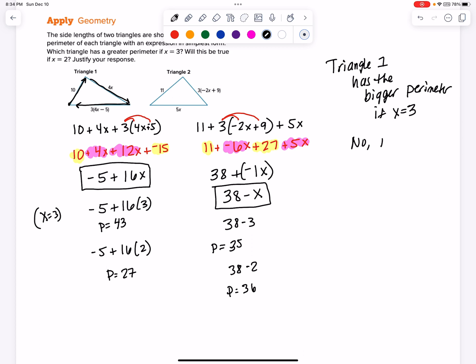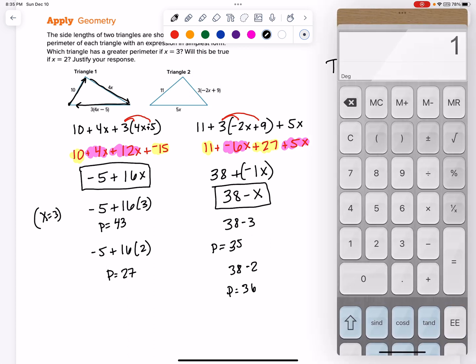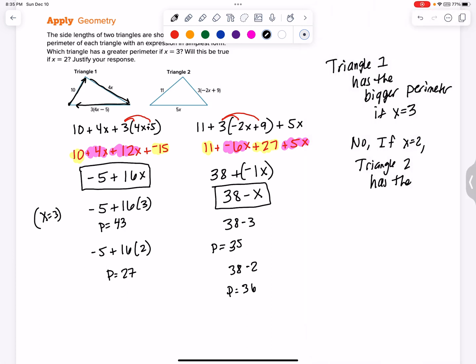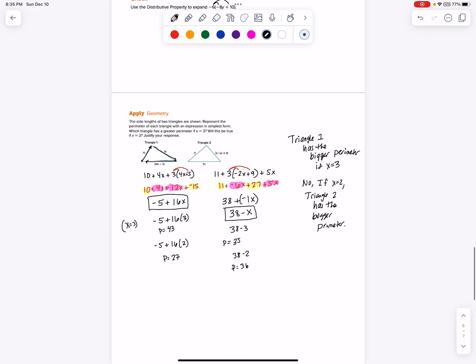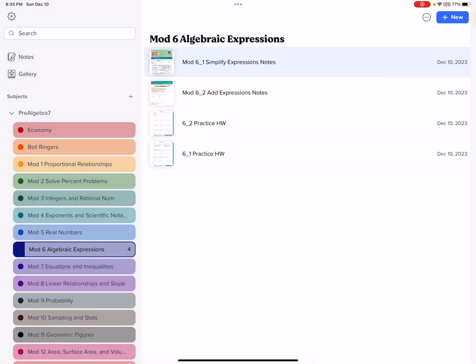So no. If x equals 2, triangle 2 has, unless I mess something up here, 16 times 2 minus 5, 27, has the bigger perimeter. Okay, all right, so there we go. Answered and justified. All right, let's go ahead and head to your homework.